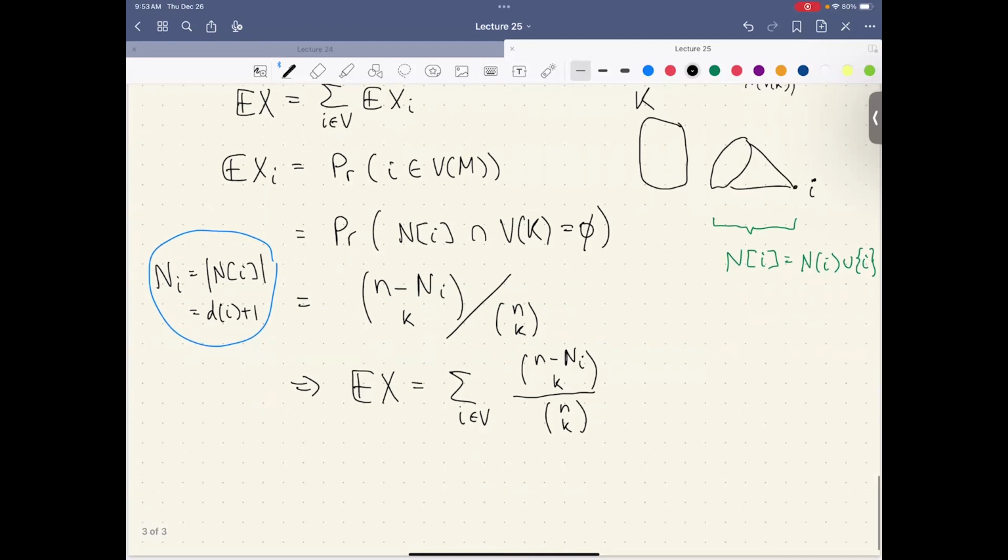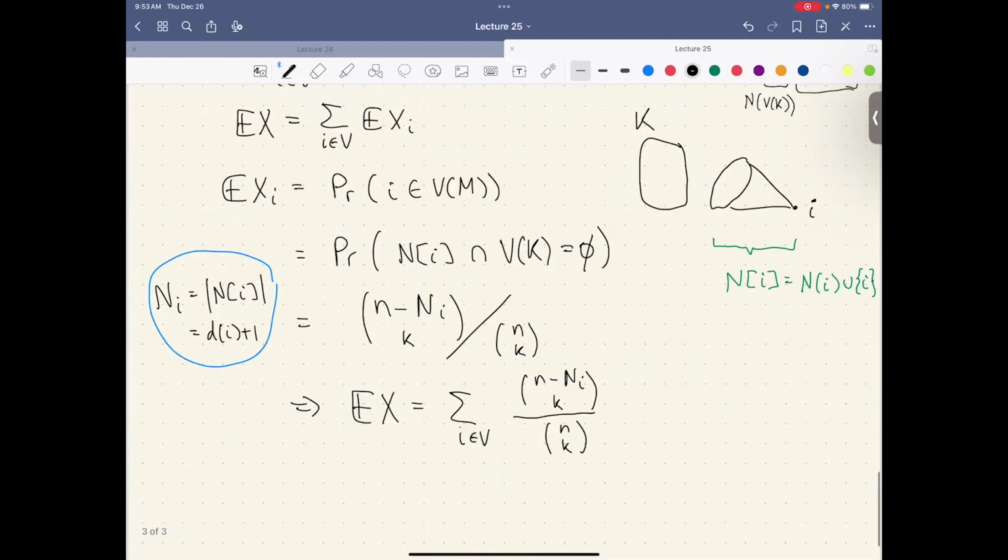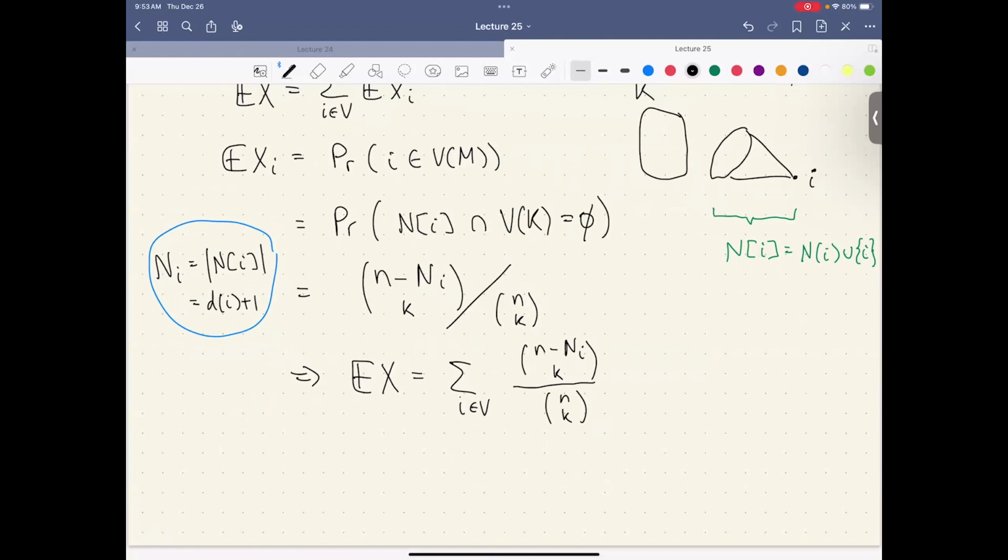Now let's give an estimate on this expectation. Well, this is at least, by convexity, we sum over the degree, basically degree plus 1, and this is a convex function. By Jensen's inequality, for example, this is lower bounded when the graph is regular, when every n_i is the average.